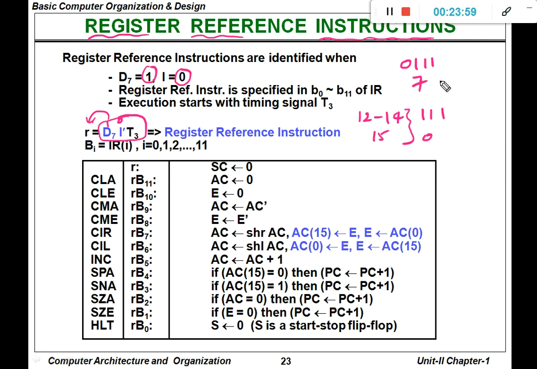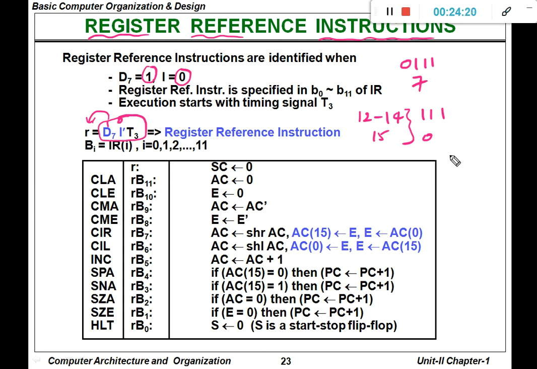So all the instructions that start with hexadecimal code 7 are register reference instructions, which we have discussed previously. Here, for simplicity, we are calling D7 I dash T3 as r.